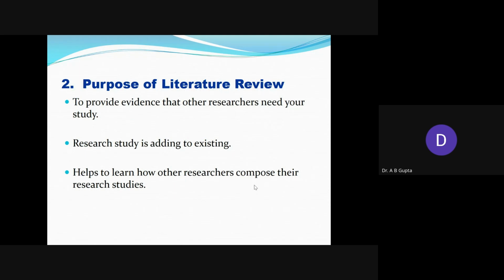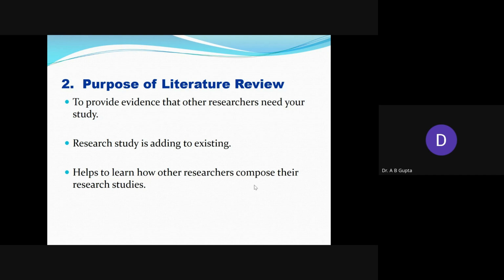Why do you review the literature? See, the purpose of literature review is to provide the evidence that someone needs your study. That means the study that you are carrying out has not been done by any other person.